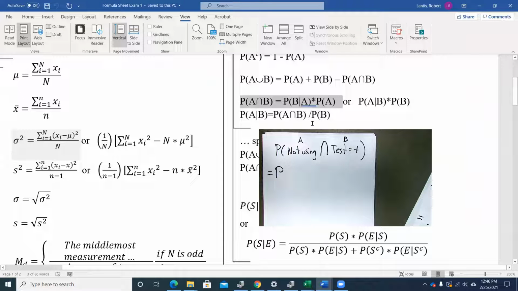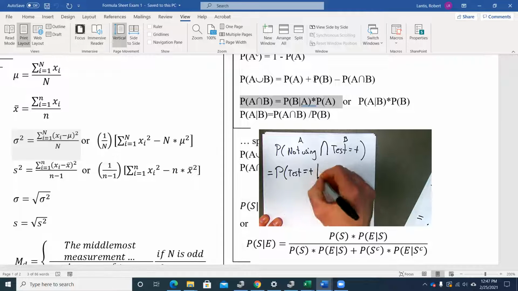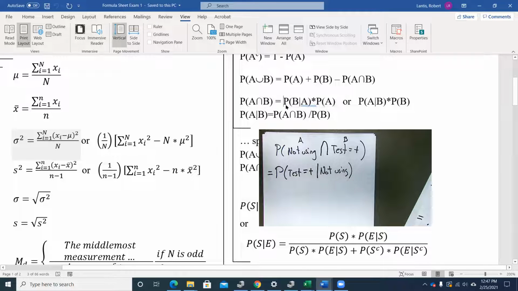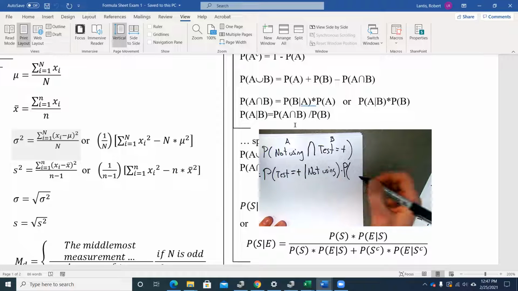The probability of A and B is the probability of B given A. So the probability of the test coming back positive, given that our event A is not using. I'm really just writing out this equation I have highlighted in gray in the context of my example.